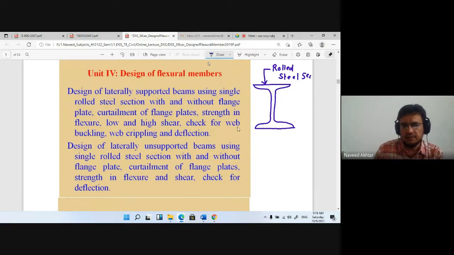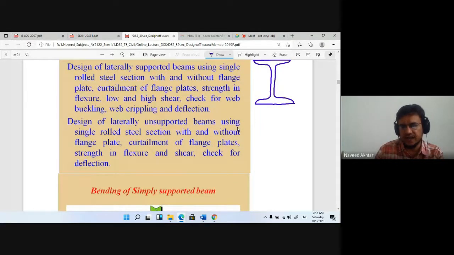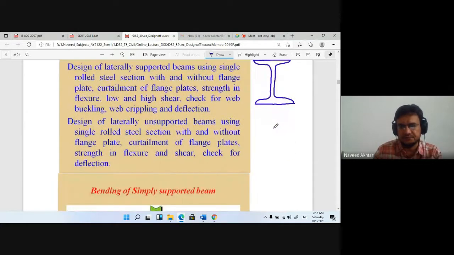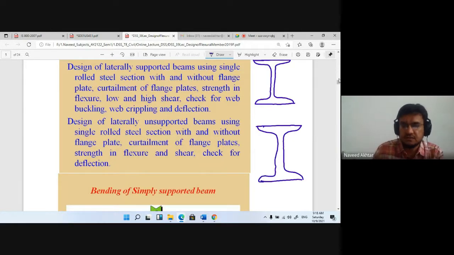This is without additional plate. This is the rolled steel section, it may be channel section, it may be angle section, it may be tube. But if it consists of an additional plate over the flanges, it is called rolled steel section with flange plate.